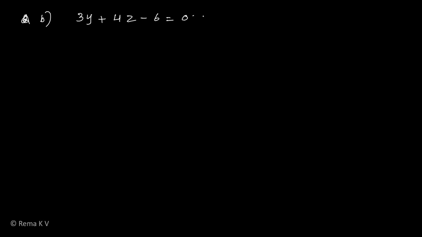So you can write this as r dot, r is xi plus yj plus zk, r dot 0i plus 3j plus 4k. Coefficient of x is not here, so we are writing it as 0i plus 3j plus 4k, which is equal to 6.